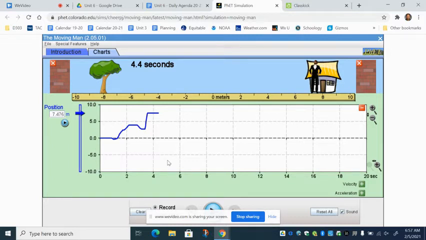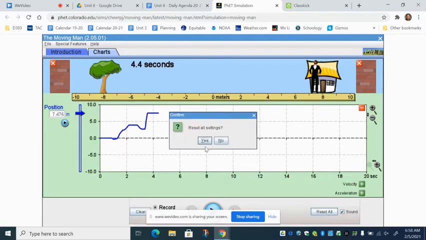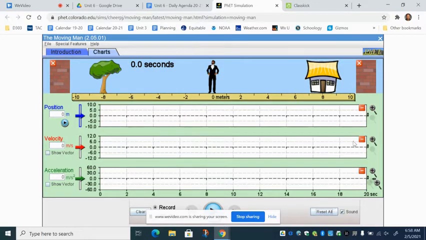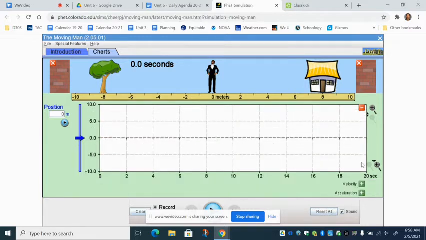So that's what you're gonna try to do with the moving man. Then you can click reset each time to reset the settings. You have to then close those other graphs again, just so you have a bigger screen here.